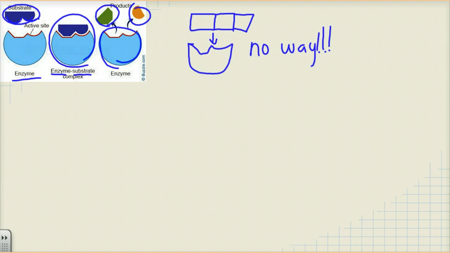So it is not going to break this molecule into smaller pieces. It will not work. So that is why when we talk about enzymes, we say that enzymes are specific. They can only work on the macromolecule if the shape of the substrate can fit into the enzyme active site.